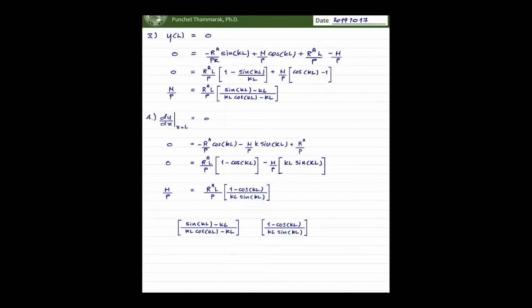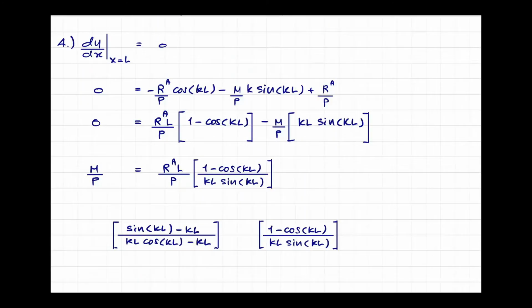But pardon? For boundary condition number 4, yes, negative M over PL, because the M over PK sine PL doesn't have that M over P sine PL. M over PK sine KL. Yes, but you put under KL sine KL.